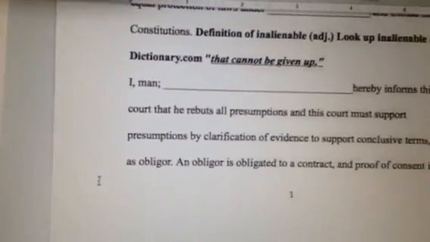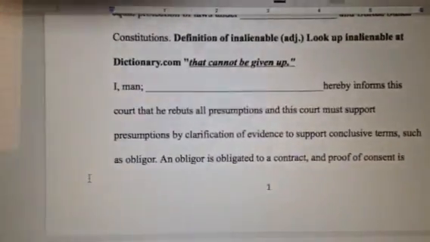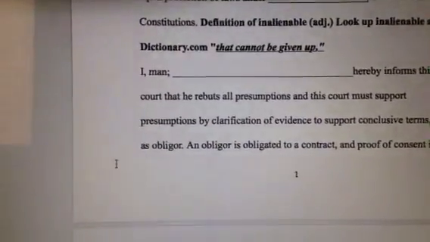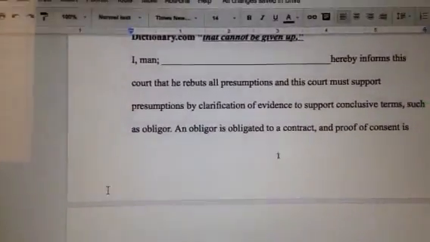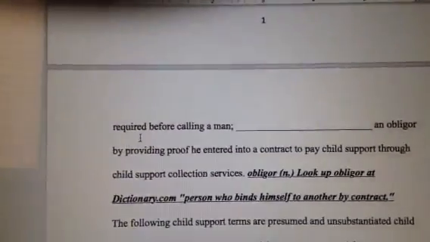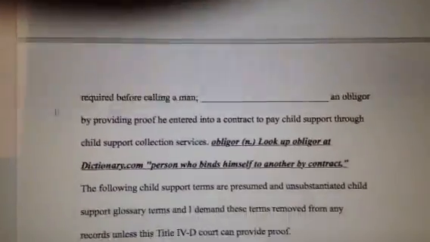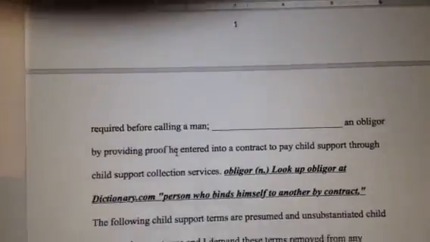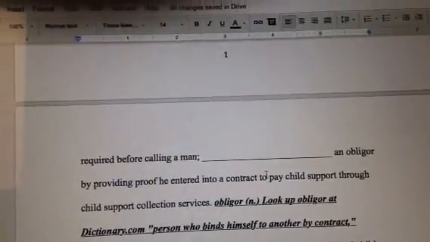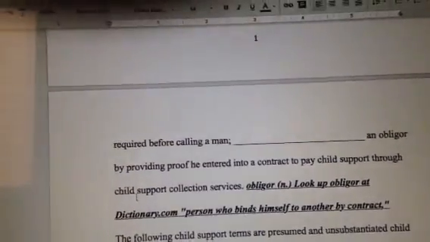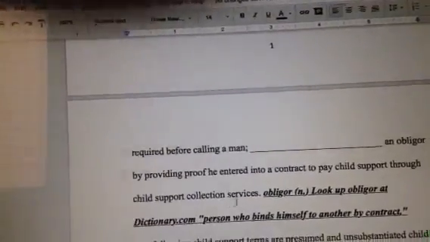And I go, an obligor is obligated to a contract, and proof of consent is required before calling a man, you put your name there again, an obligor, by providing proof he entered into a contract to pay child support through child support collection services.